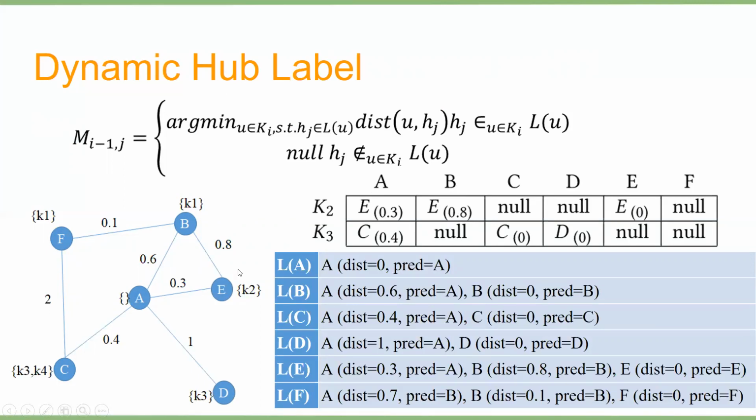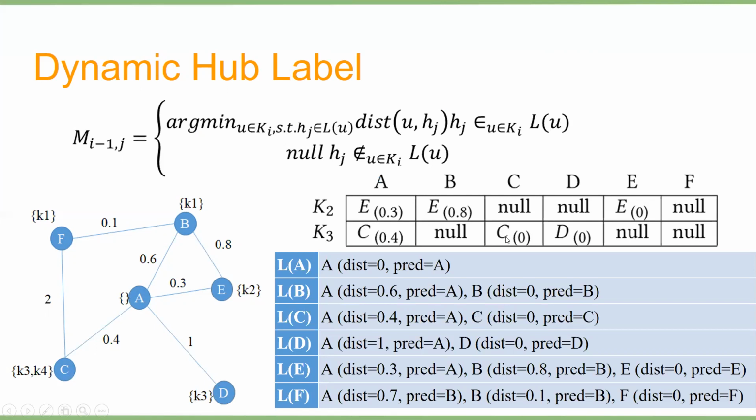Let's see how we construct the dynamic hub label for K3. K3 contains two vertices C and D. We scan all the labels in LC in the location of A. The closest vertex is now C and the distance is 0.4.